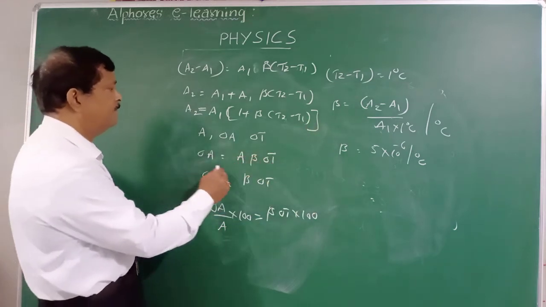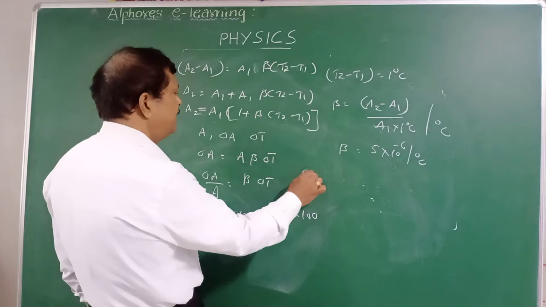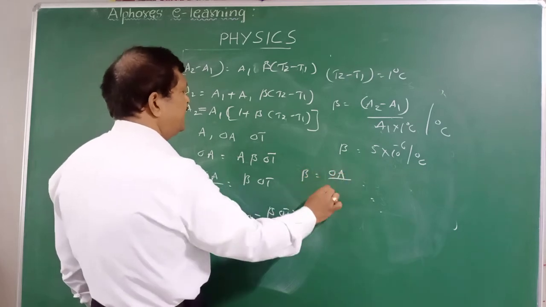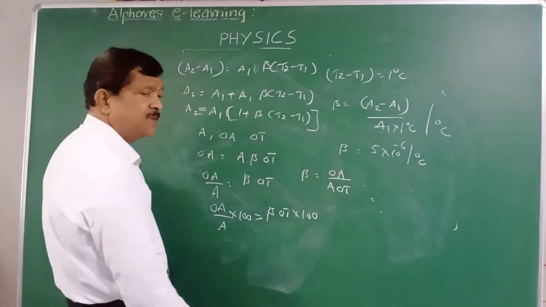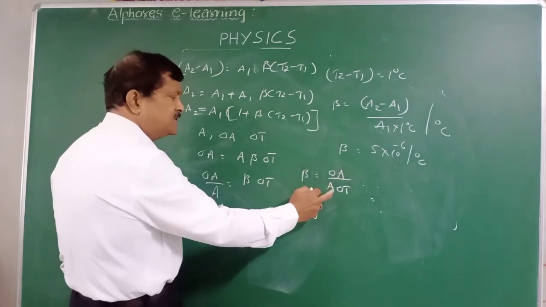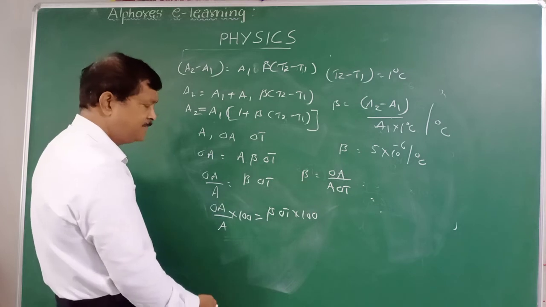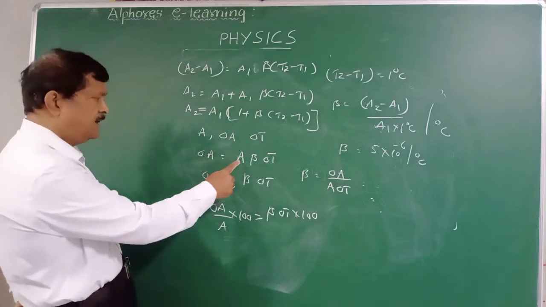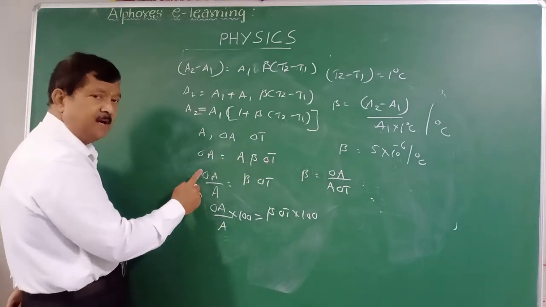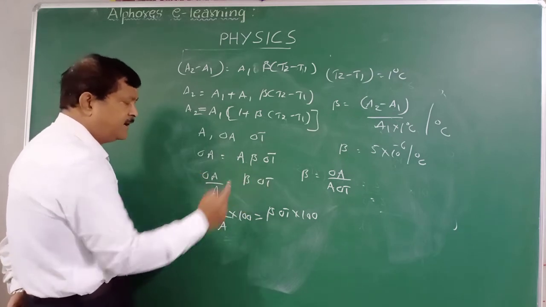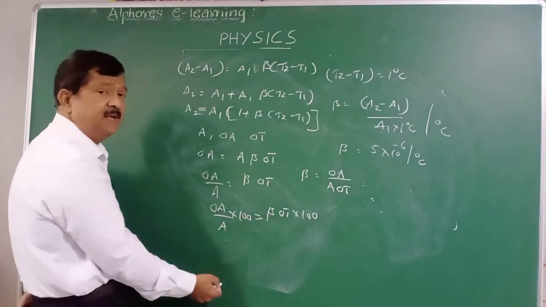So from this equation, beta equals delta A by (A delta T), the change in area by original area per 1 degree centigrade rise of temperature. We can understand it in any way. Change in area is A beta delta T, fractional change in area is beta delta T, and this is the percentage change in area.